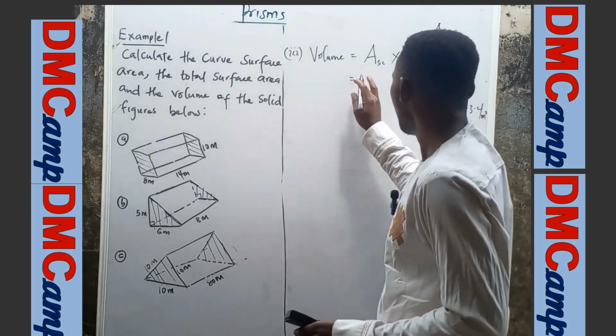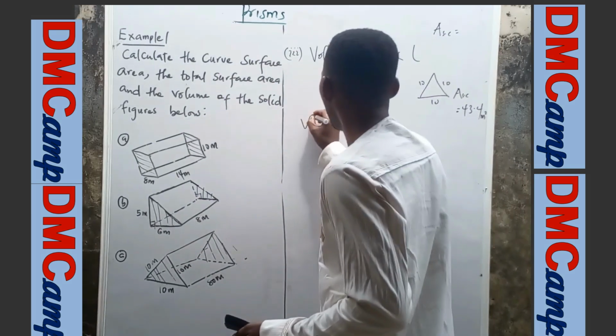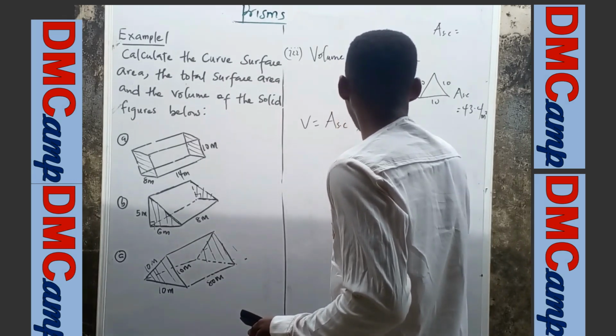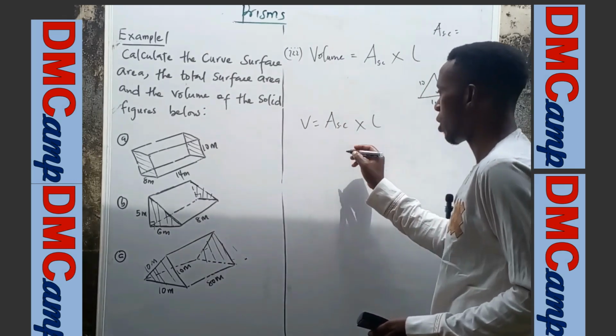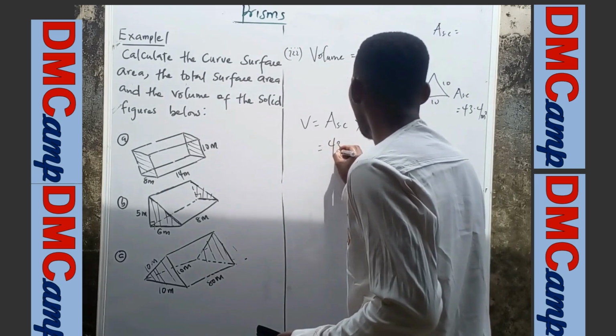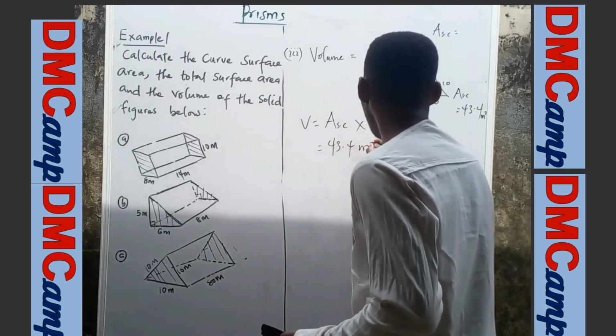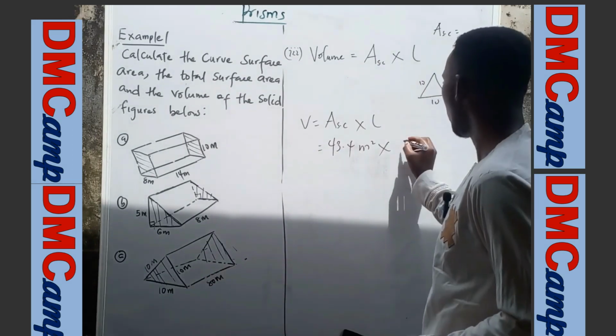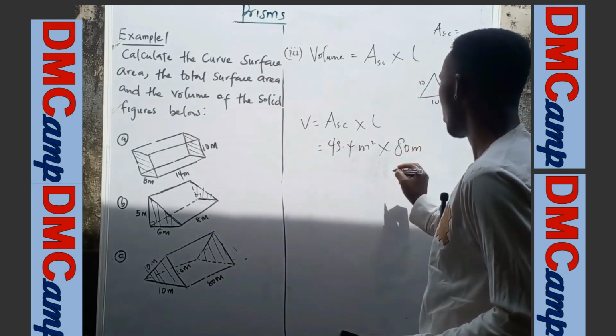Now the volume says that volume equals area of the cross section multiplied by length. The area of the cross section is 43.4 meter square. Multiply it by the length. The length here is 80 meter.